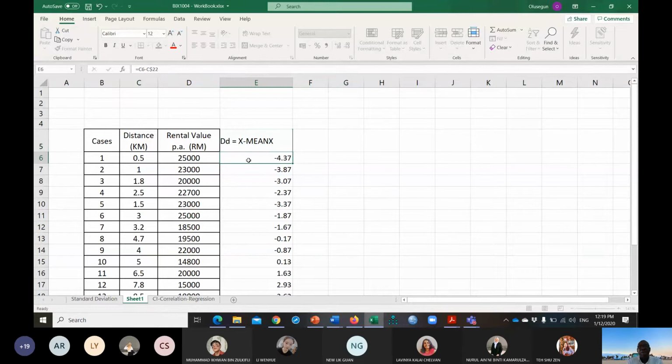Then we have to do this one, DD squared, raised to power 2.